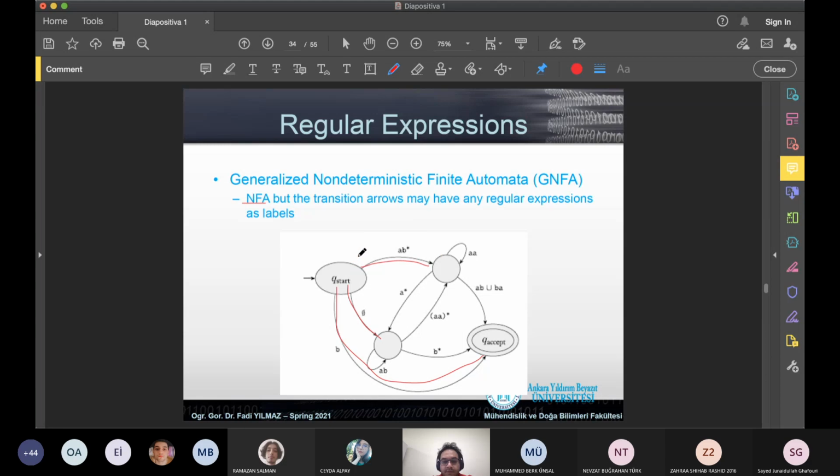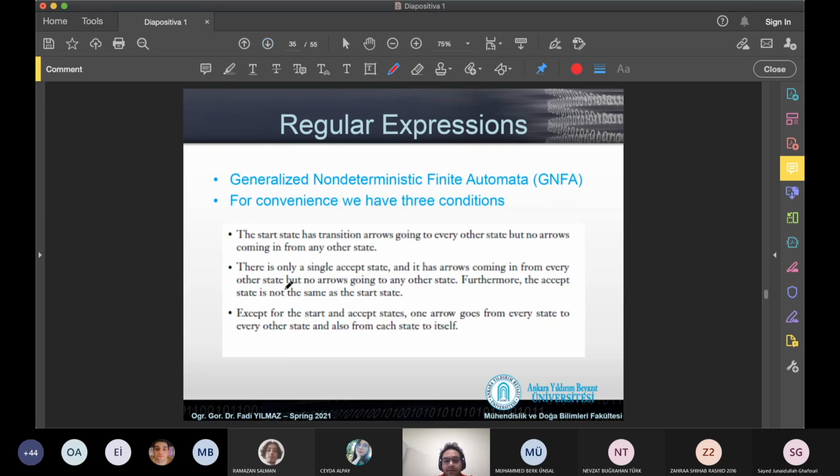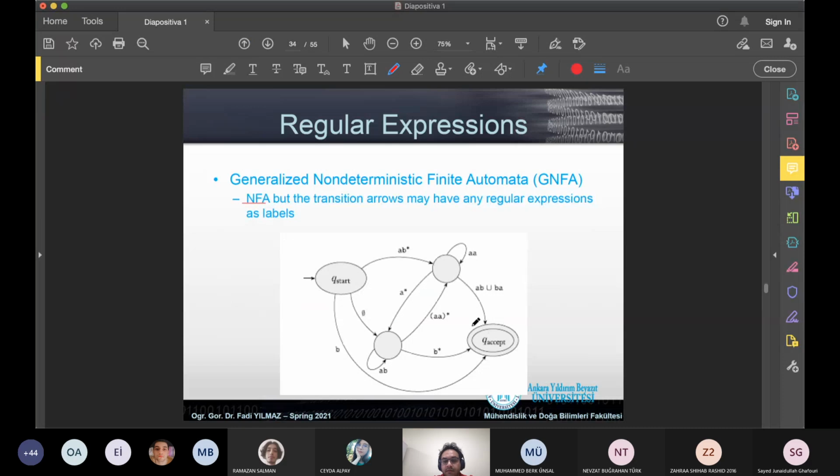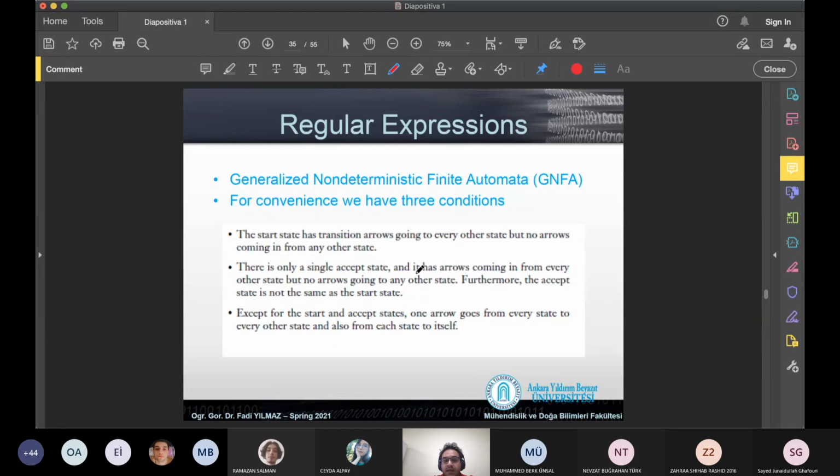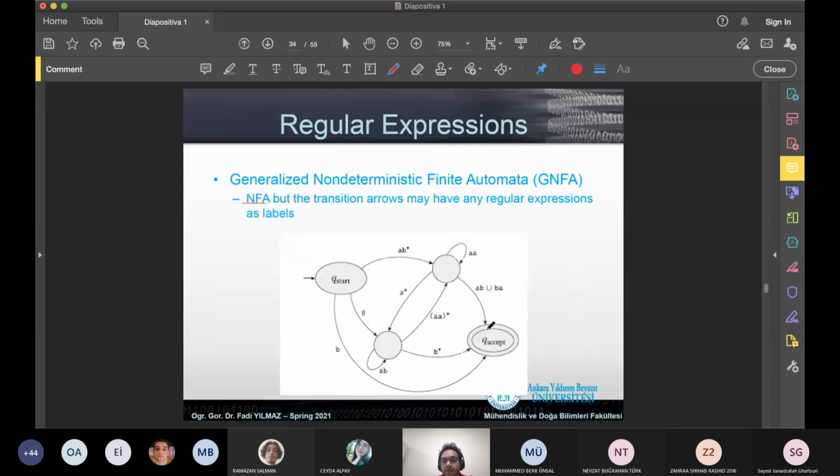I hope it's clear, guys. So this is the first specification. We have these rules to make things easy to understand. So there's only a single accept state, right? And it has arrows coming in from every other state, but no arrow is going out. You see, from every state, we have an arrow.